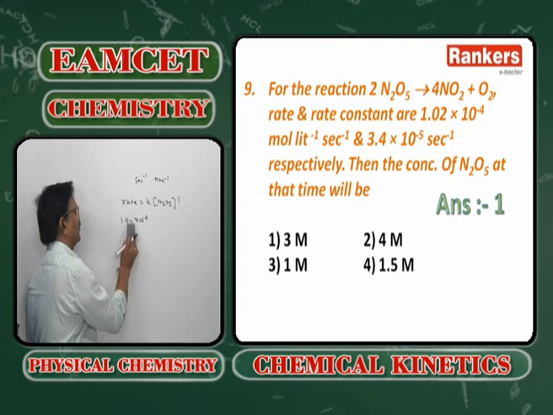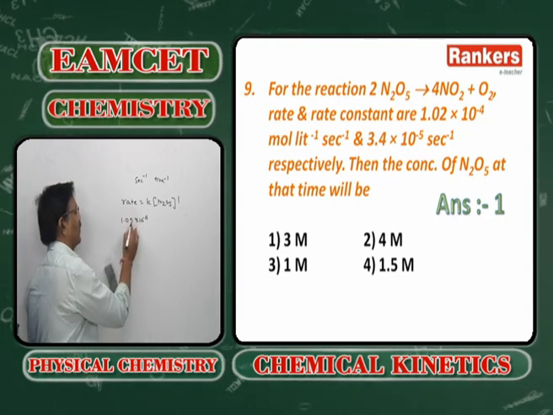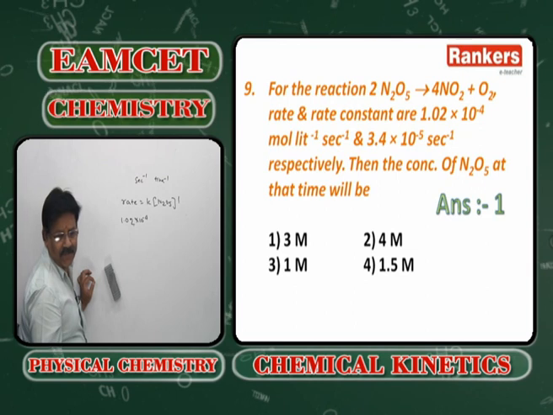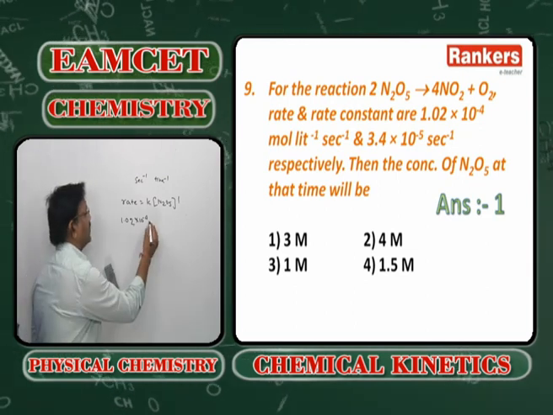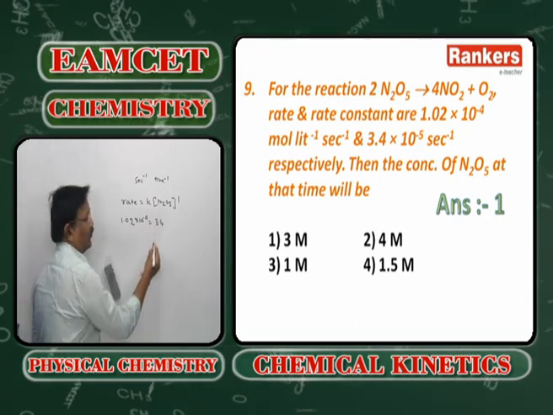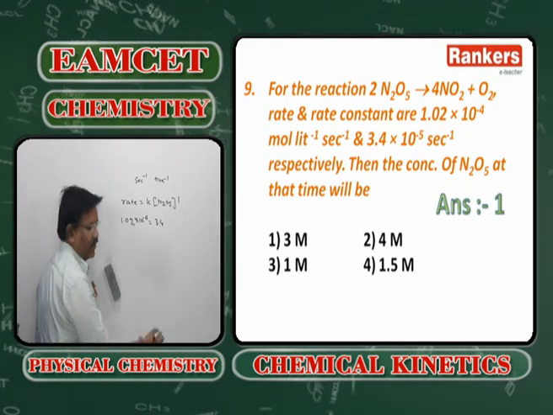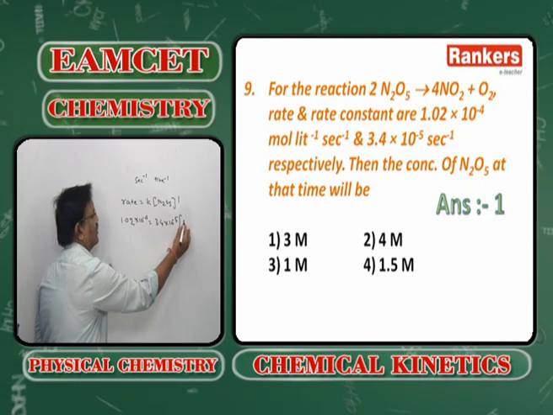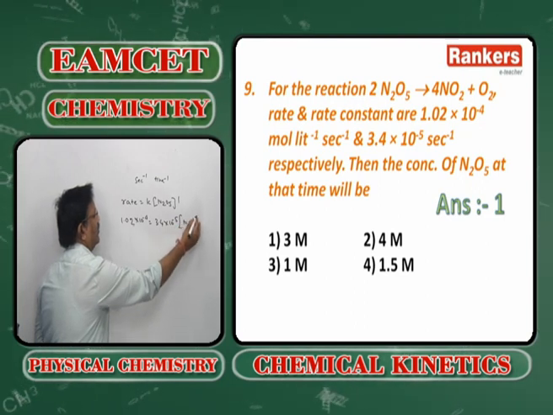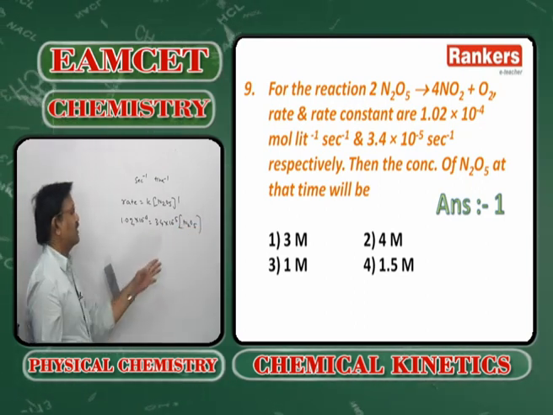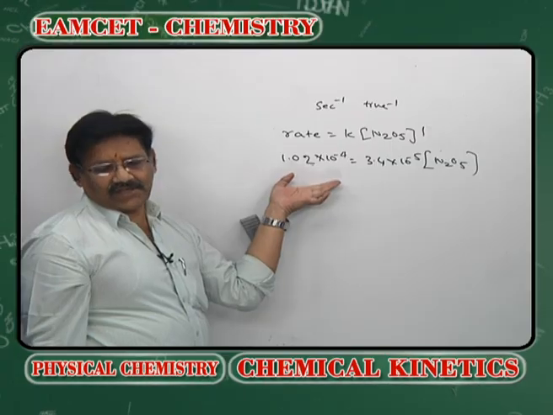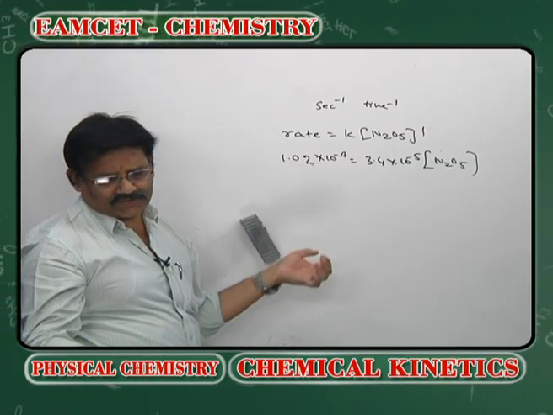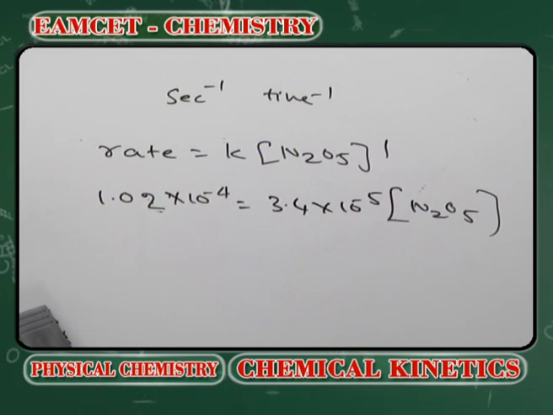The rate constant value is 3.4 into 10 to the power of minus 5, into concentration. So concentration is equal to rate by k. Solving, we get the answer as 3.